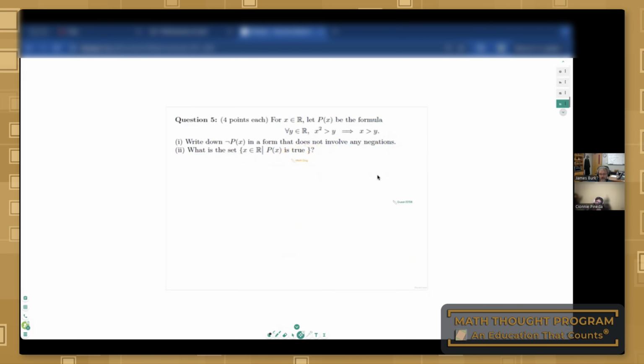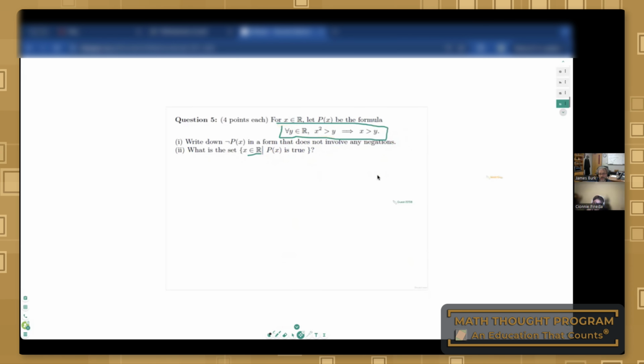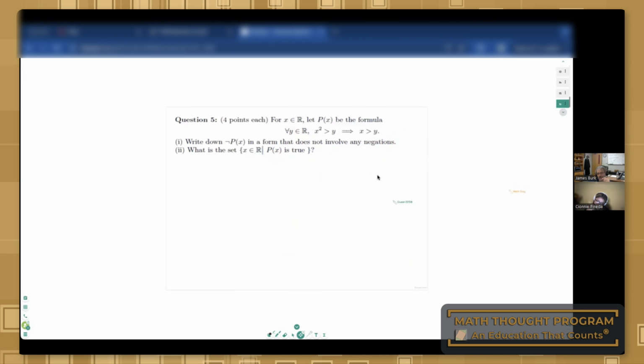This is where you have to think about what this is really saying. For any real value, we want to make sure that this is always going to be the case. Whenever you square it, it's bigger than y, where y is going to be any value out there.